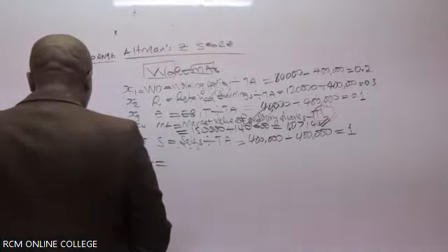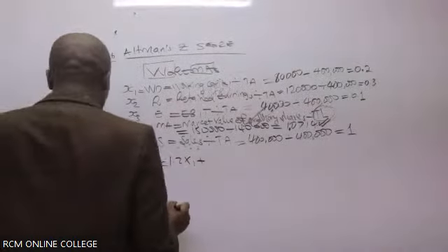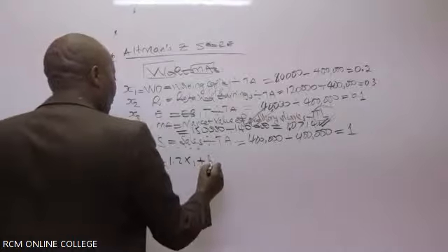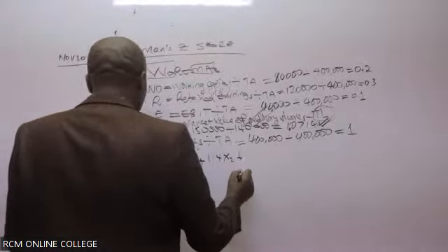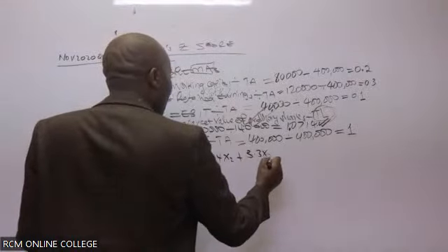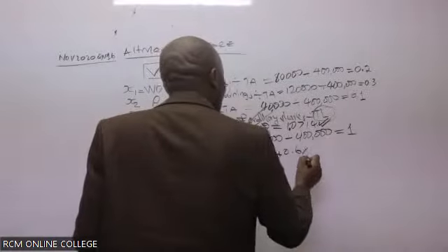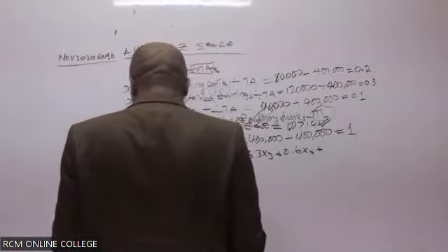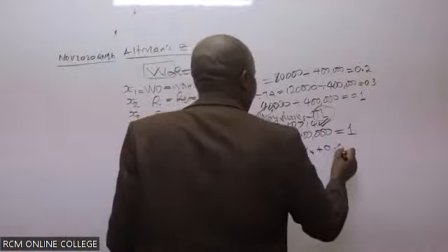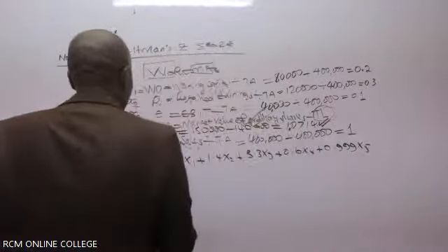They have given us the Z equation: Z is 1.2X1 plus 1.4X2 plus 3.3X3 plus 0.6X4 plus lastly 0.999X5. So we shall plug in the figures.